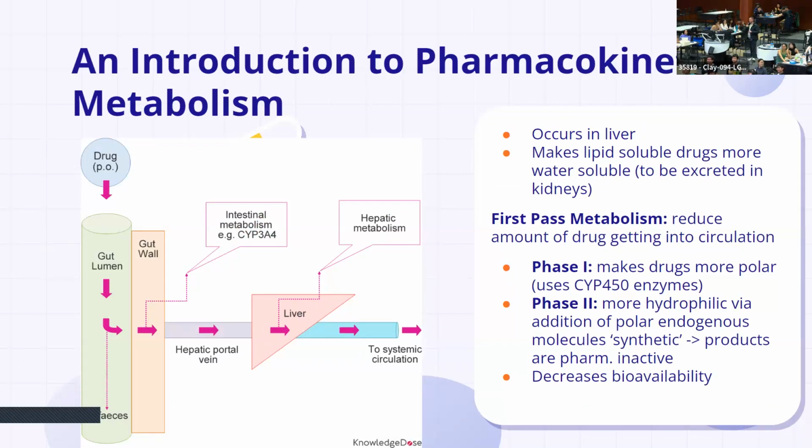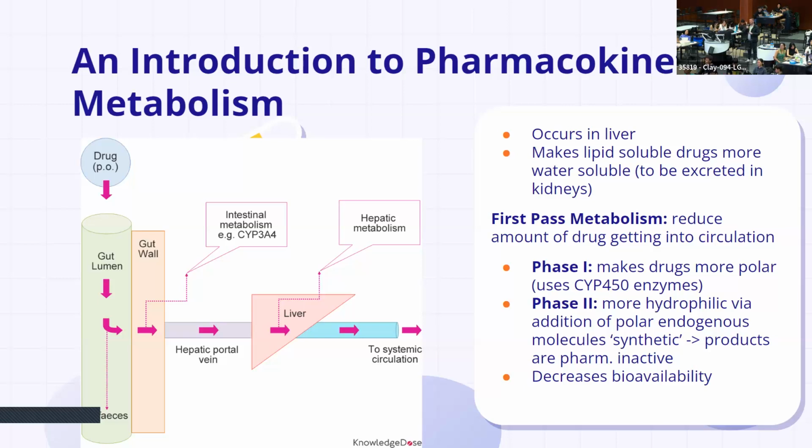Okay, so metabolism. When a drug is metabolized, you can see there it shows the process: first of all, it's absorbed across the gut wall. It then goes into the hepatic portal vein, and in the hepatic portal vein, it's transported to the liver, hepatic meaning liver. At the liver, that is where our drugs are metabolized. We have two phases of what's called first pass metabolism, and first pass metabolism is when we're reducing the amount of drug that's able to go into our circulation, because our liver wants to break it down since it thinks it's toxic.